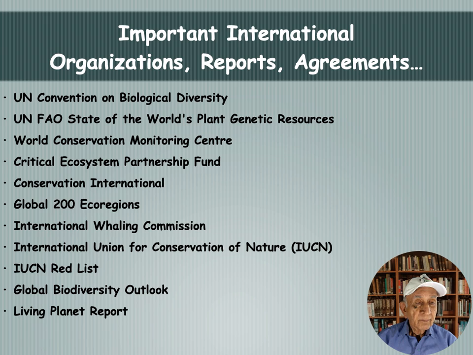There is the idea of Global 200 ecoregions, the International Whaling Commission, and of course IUCN, the International Union for Conservation of Nature, with its Red List. And the UN also publishes a Global Biodiversity Outlook periodically. And WWF, the global NGO, publishes the Living Planet Report.